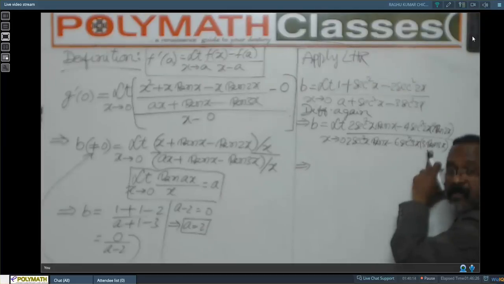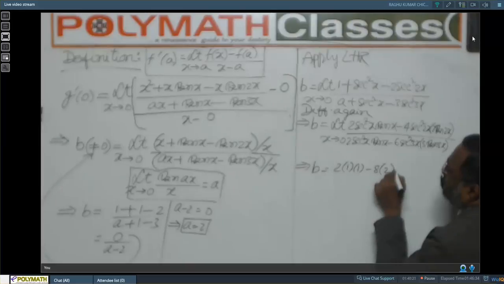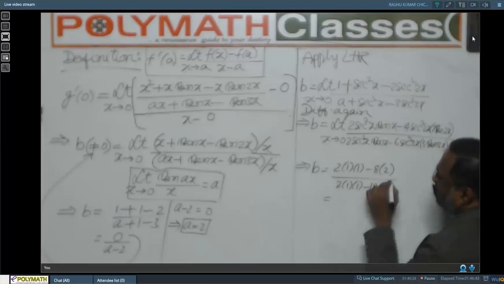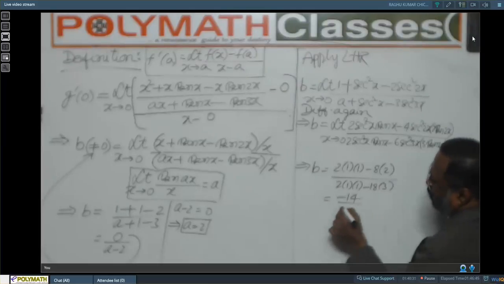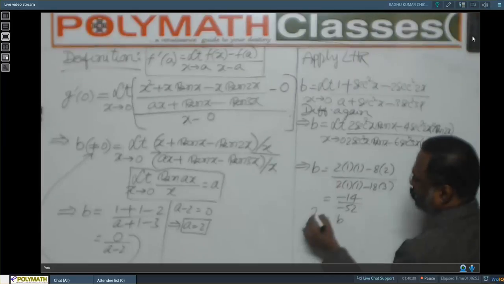If you substitute, b becomes (2 into 1 into 1 minus 4 into 2, 8, into 2) whole divided by (2 into 1 minus 6 into 3, 18, into 3). Thereby it is nothing but minus 40 divided by minus 52, and b is nothing but 7 divided by 26.